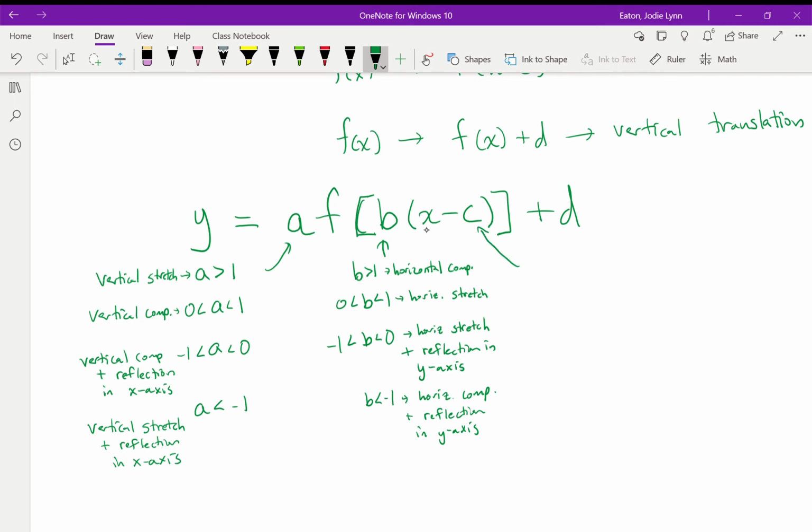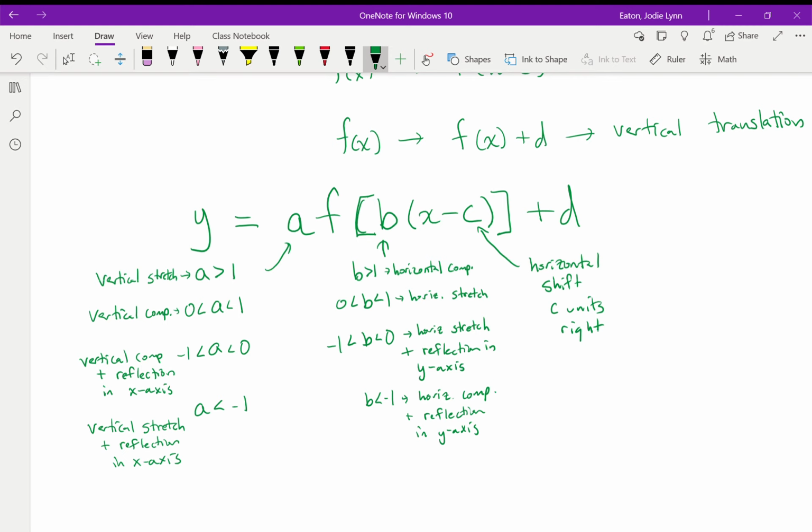Okay, next we have this c. So c is a horizontal shift c units right, and there's no complications there. If you are moving negative c units right, you are moving left. So if it's x minus something, you're moving right.